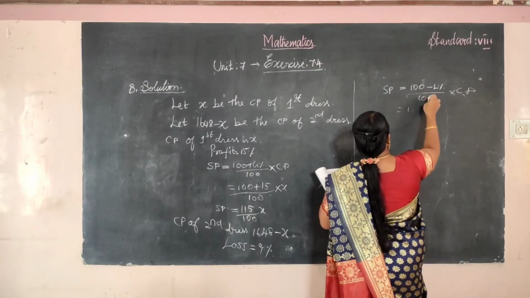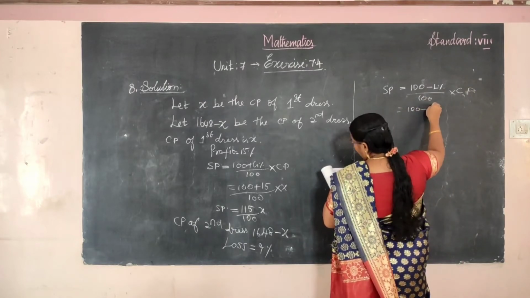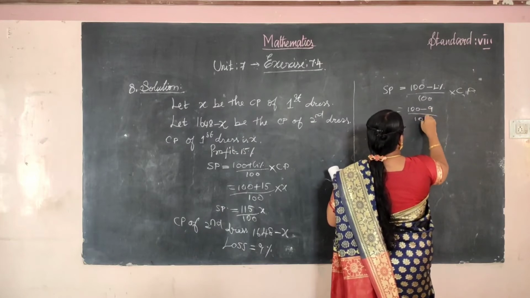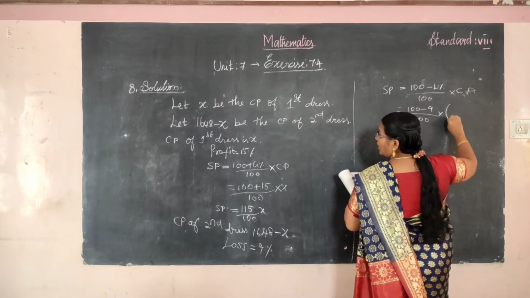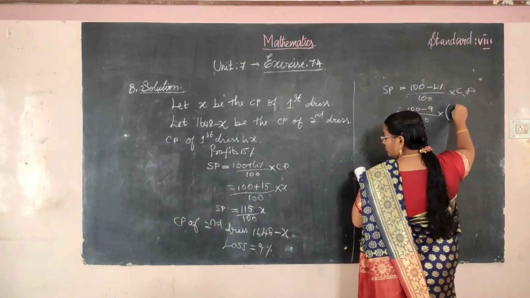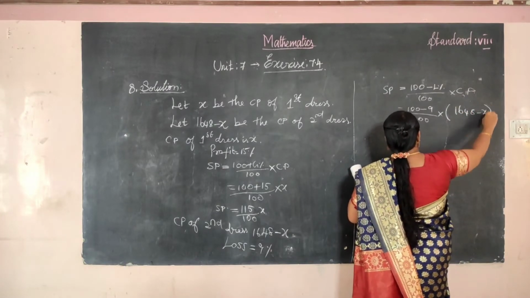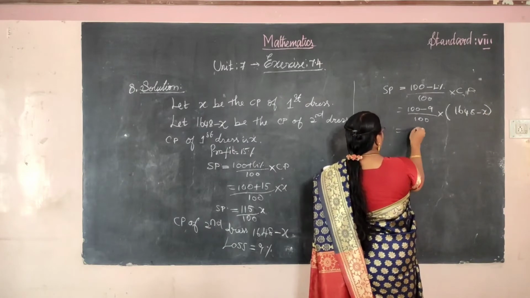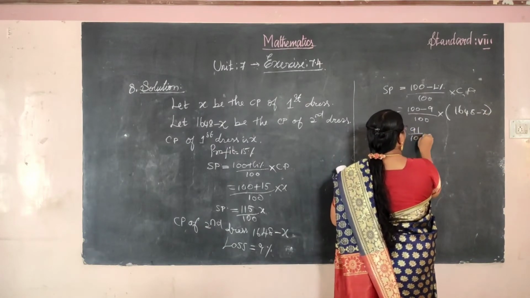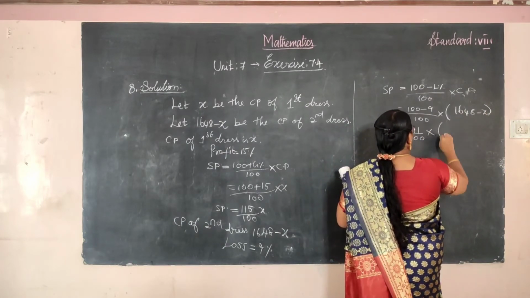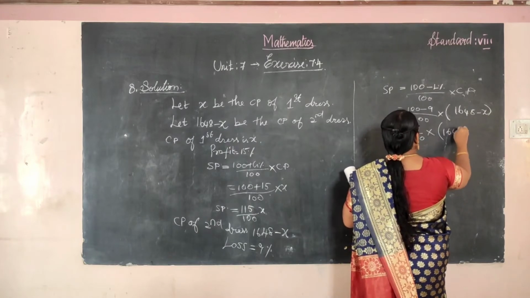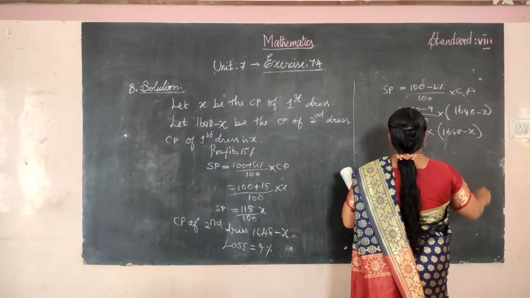So 100 minus loss percentage 9, into 1648 minus x. So subtract, we get 91 by 100 into 1648 minus x.